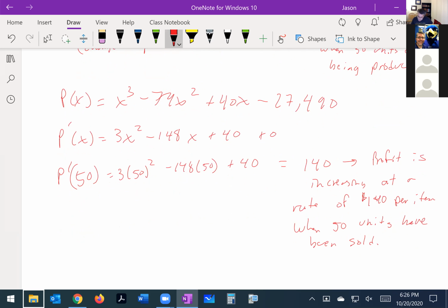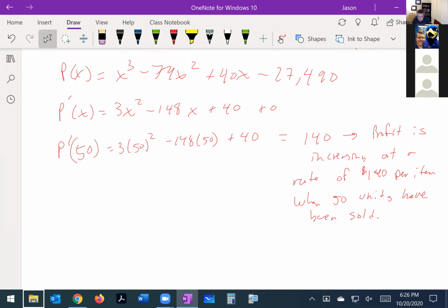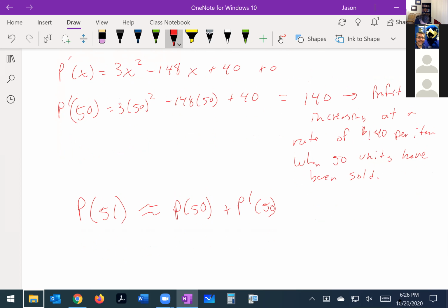So what's the approximate profit here? P of 51 we could say is approximately P of 50 plus the change that we went up, the marginal. Well, what was P of 50? We already figured that out. P of 50 was negative 85,490.